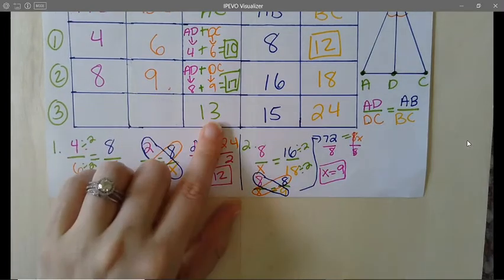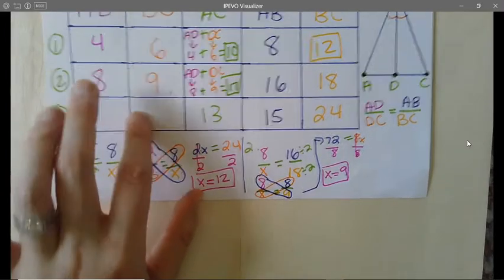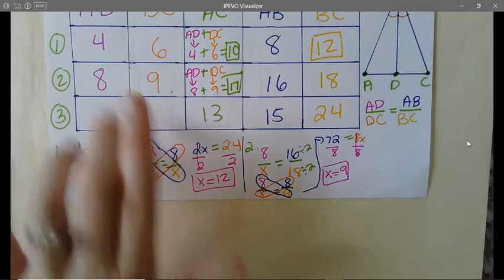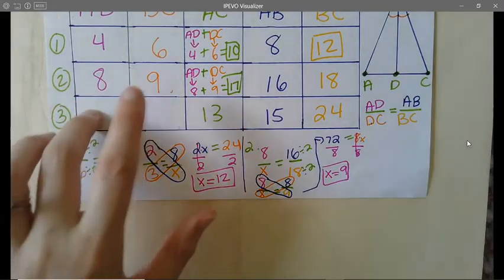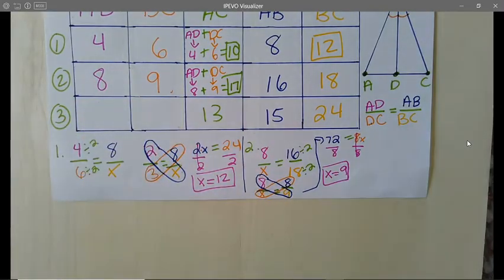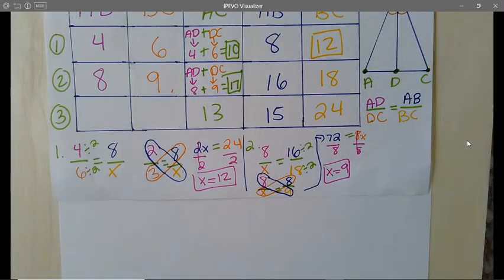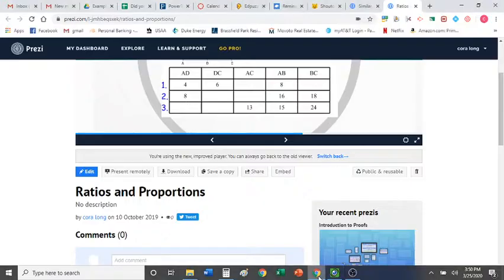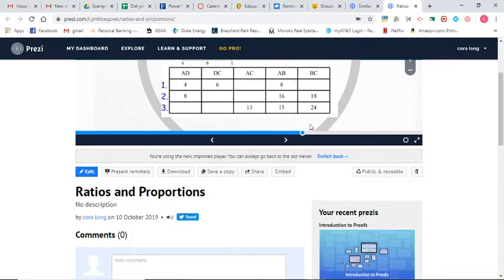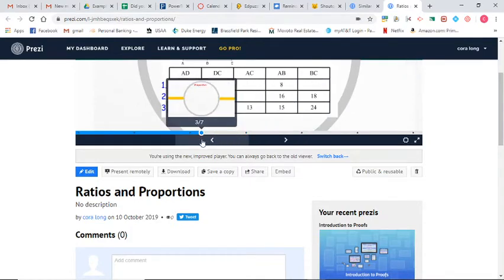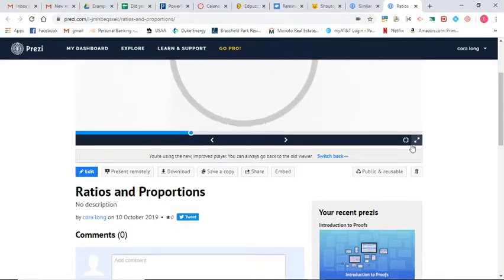I have AC, but I don't know how AD and DC relate to each other, and I can't assume that these two are equal. Okay, so I'm actually going to have to use one of those nifty ratio properties that we went over, actually a proportion property. So let's go back to our Prezi video real quickly. So I'm going to go back to those properties we talked about earlier.